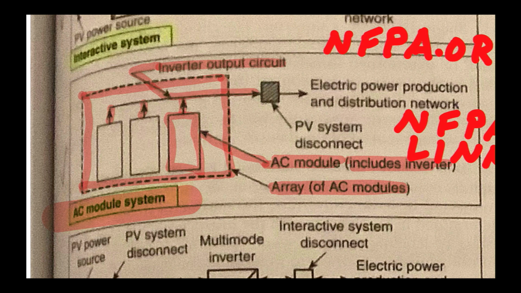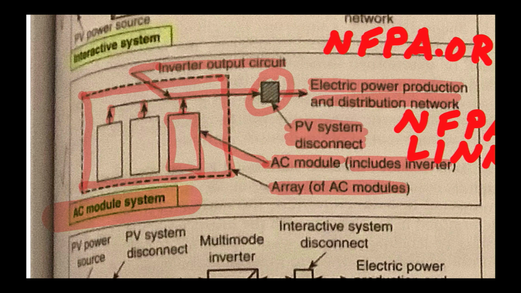And that goes to what we're looking for, and that is the PV system disconnect. And then it goes over to here to the electric power production and distribution network. So the answer for what we're looking for is the PV system disconnect, and that's this over here.